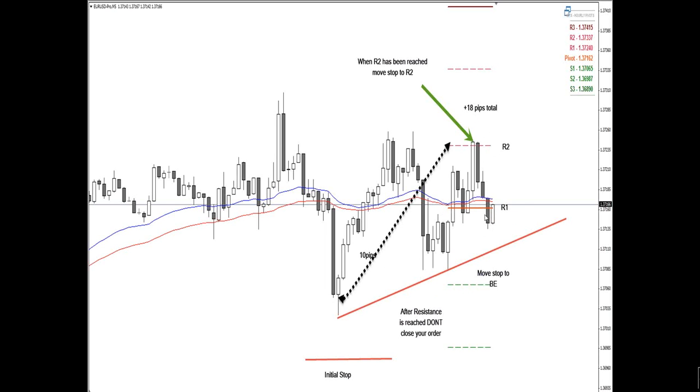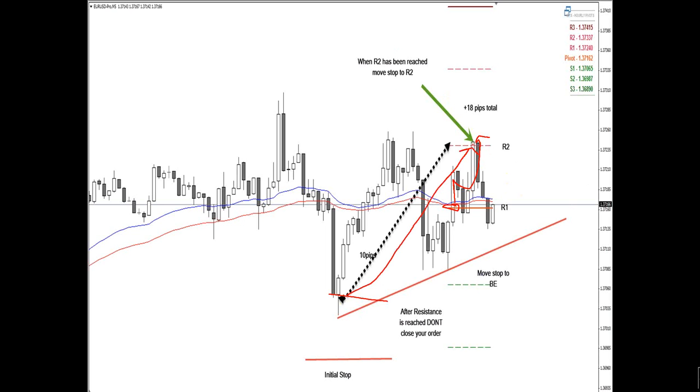Because price will usually, like in this example, go 2, 3, 4 pips and then come back to the same level. 90% of the time you would be making that 10 pips. So that is why you need to wait. After the price has hit this level, move your stop loss to break even. After the price has made it to R2 and broken it by 2 or 3 points, then is the time to move your stop loss to R2.